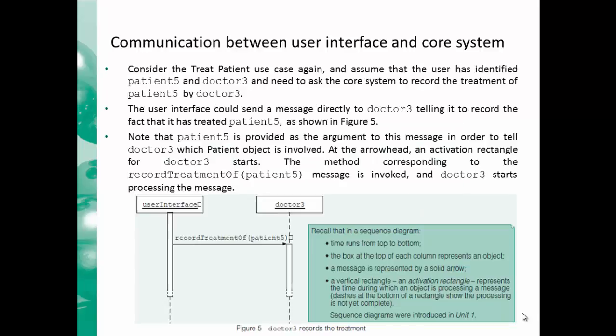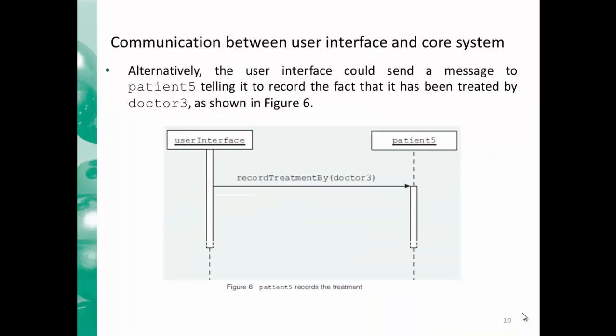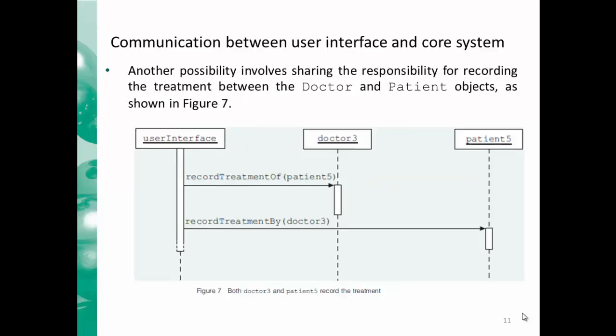So we have the choice to make the patient the parameter and the client the doctor, or the opposite, to make the doctor the parameter and the patient the client object. In both cases, we are directly interacting with the core system objects, and this is something that we want and prefer to avoid. So in both cases, as you can see, either we use record treatment by or record treatment of.